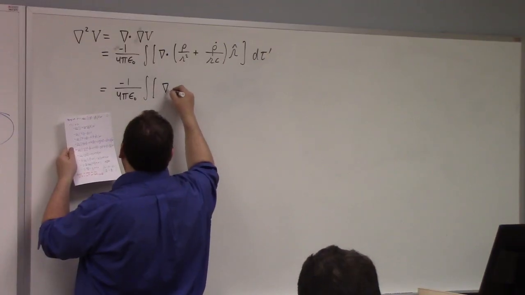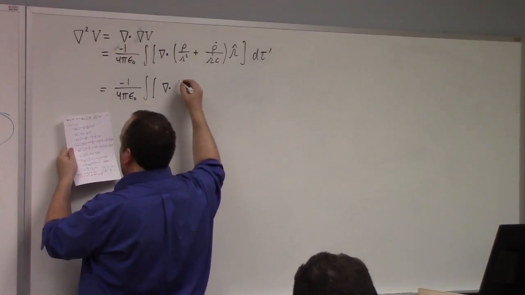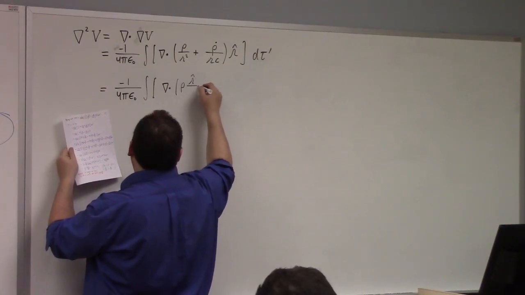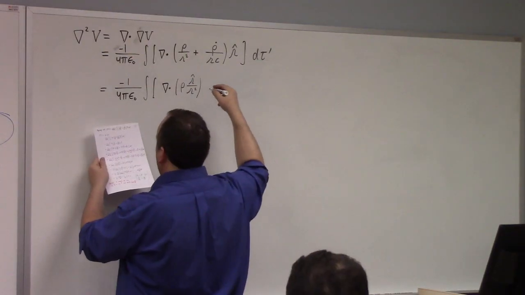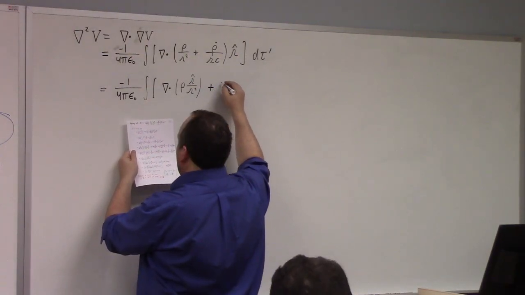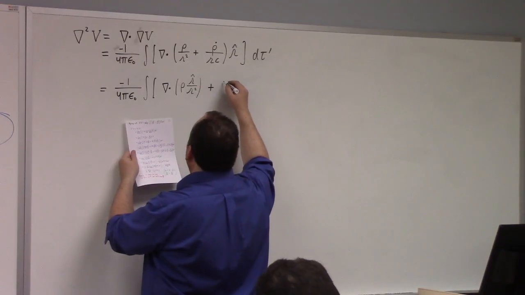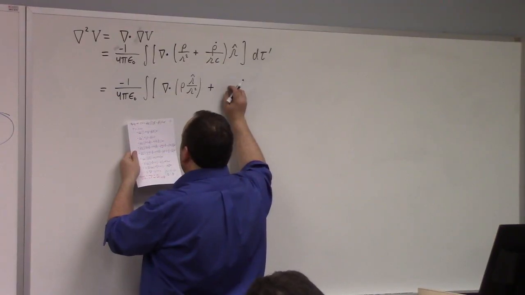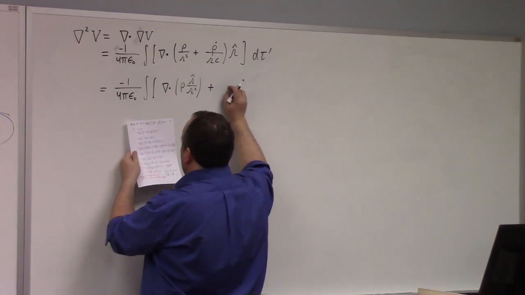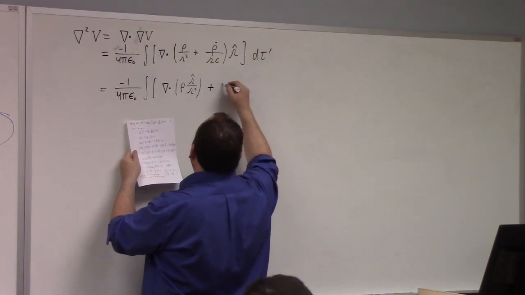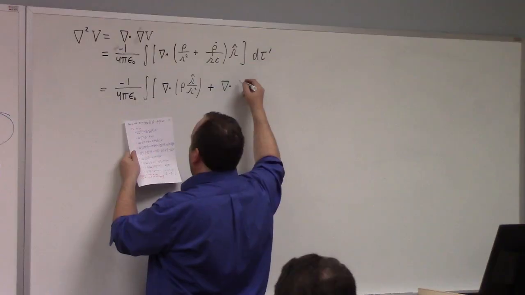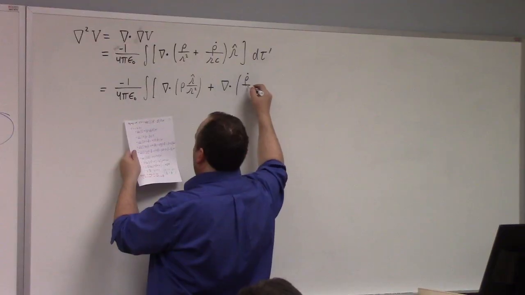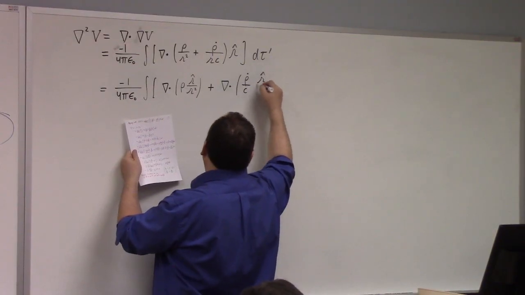But anyway, this gives us the divergence of rho times r hat over r squared, this first term, plus, I've forgotten to write a dot there and it's bothering me. All right, fine. Rho dot over c, r hat over r.